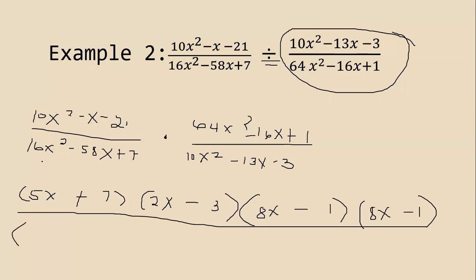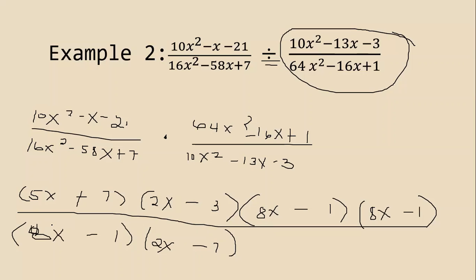Next is 16x squared, 4x times 4x, or pwede din pong 8x times 2x. 7 times 1, or 1 times 7. Okay po, then parehong minus, trial and error lang po.